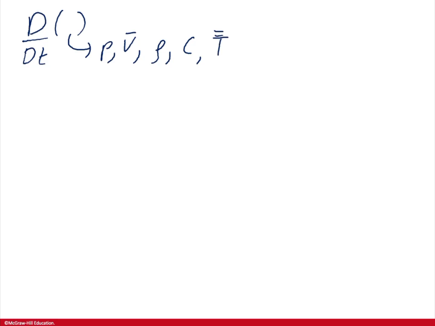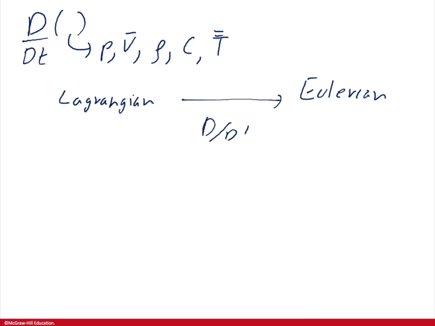Depending on the variable you're choosing, you can use this operator. So this operator is essentially helping you convert the Lagrangian description to the Eulerian description and vice versa, right? And naturally it's a differential operator, so it's essentially used for differential analysis.